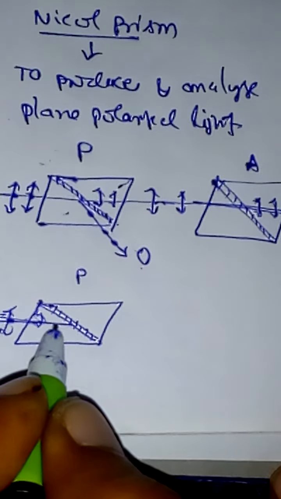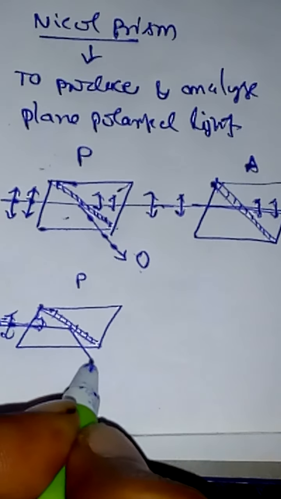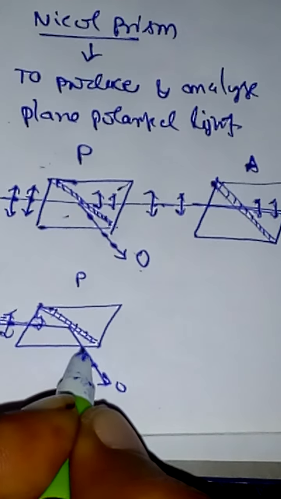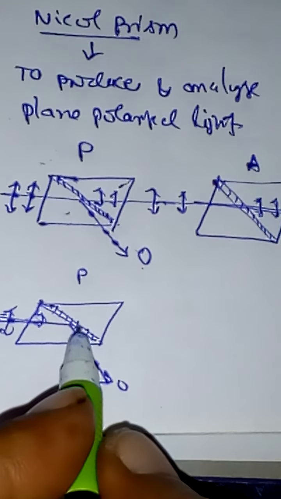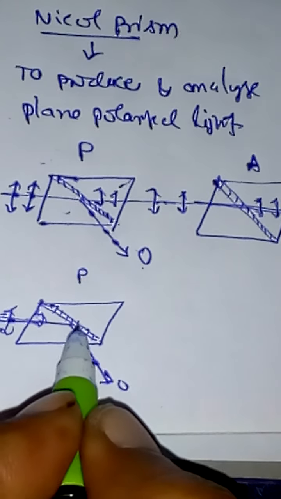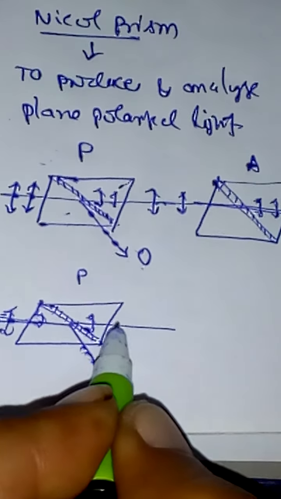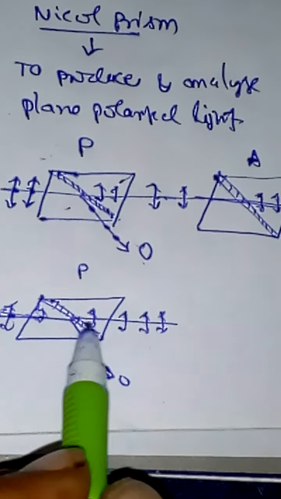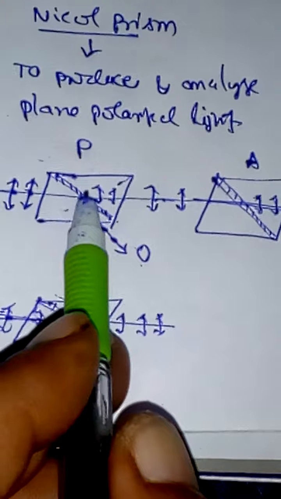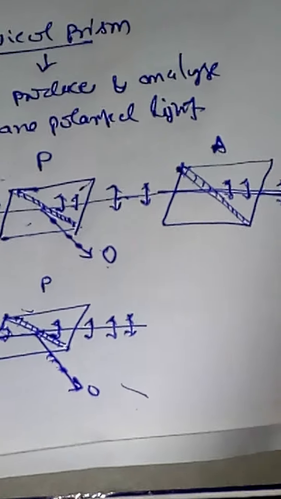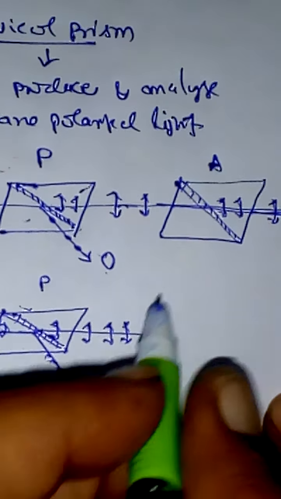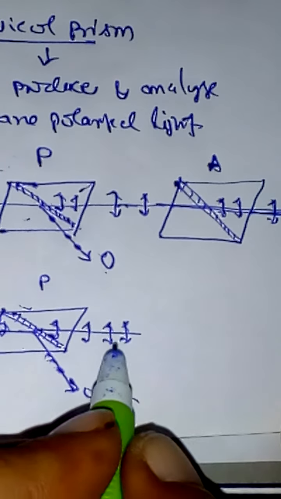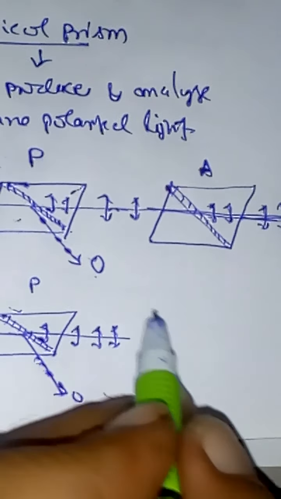So at this point, it gets cut off as an ordinary ray. After it is cut off, the rest is traveling, the extraordinary ray is traveling. Till this point you don't find any difference between this and this. Now here, the polarizer and analyzer concept is again applied. This polarizer, this analyzer, let me say I will rotate it.